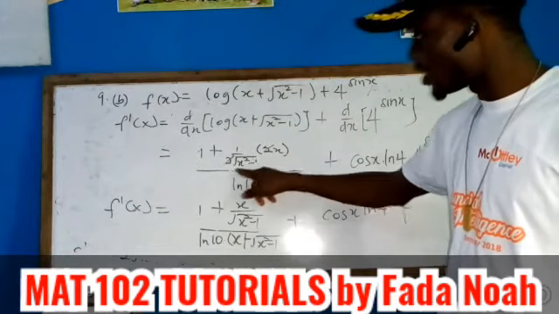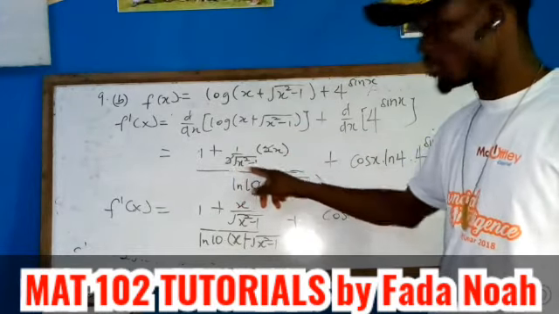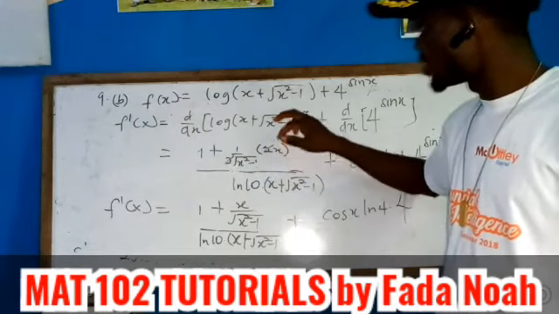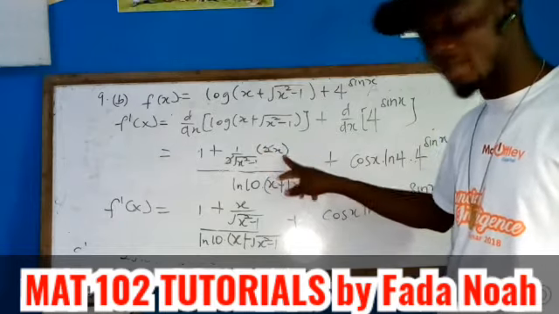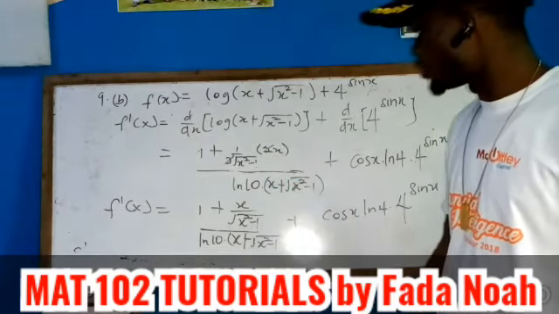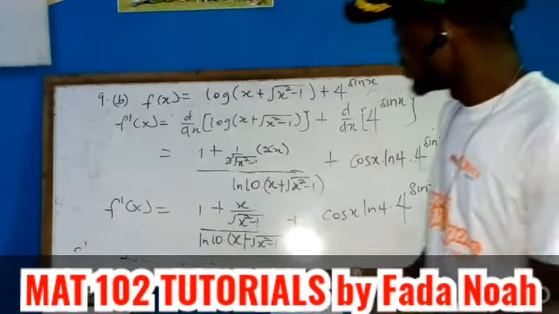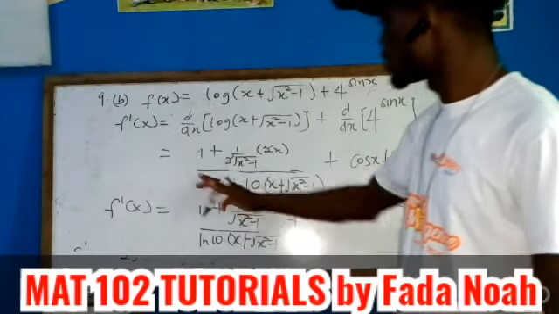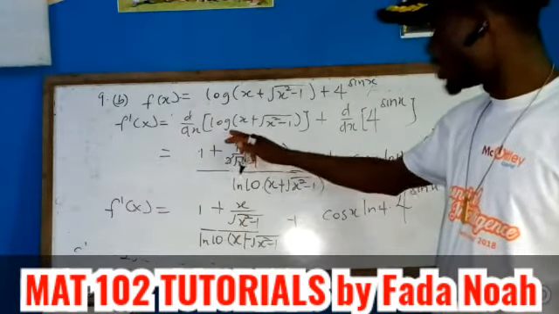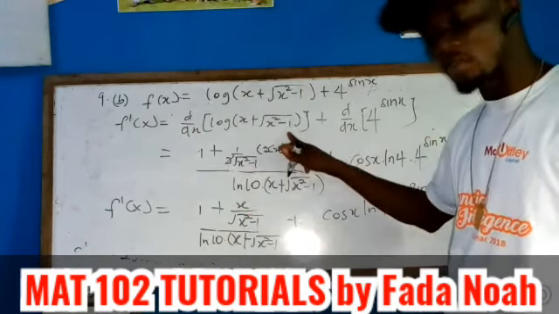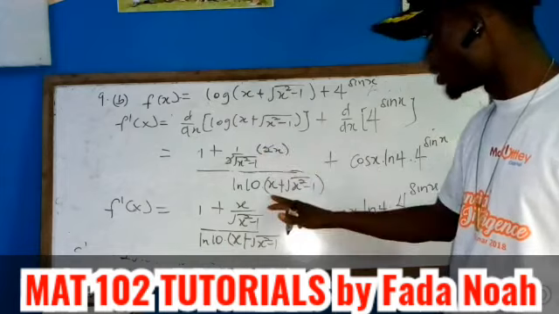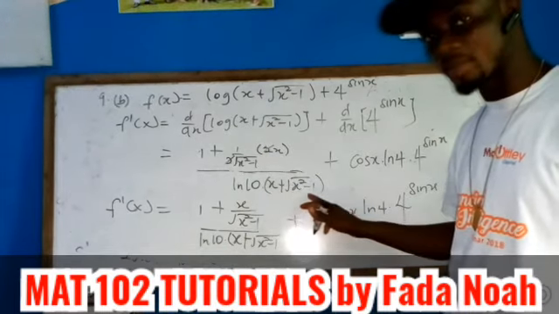That comes down, and you have 2 square root of x squared minus 1 times the derivative of the function inside the square root, which is 2x. Okay, it's as simple as ABC. Then you write over ln 10, the log of the base, times the expression x plus square root of x squared minus 1.